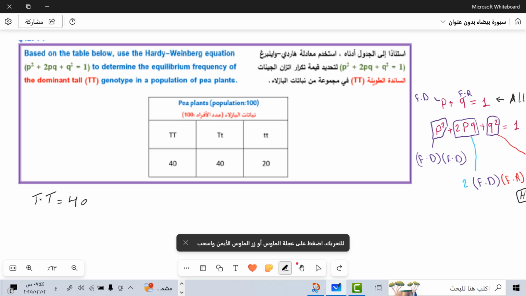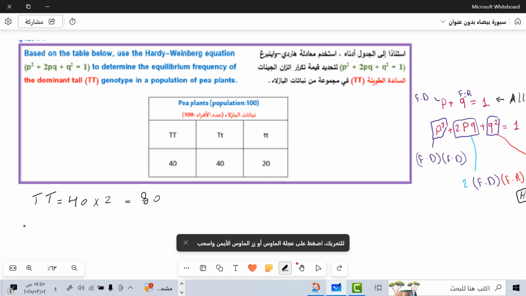This means every individual has 2 T, so 2 T for each of the 40. To count T, we multiply by 2, because we have 2 T, this means 80. This is the first, okay?